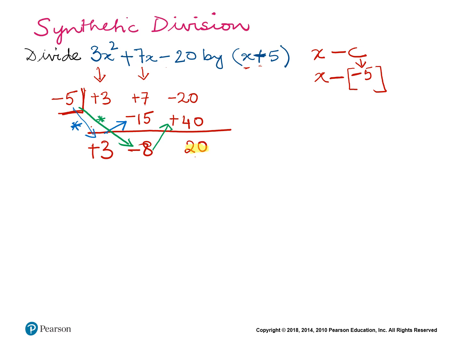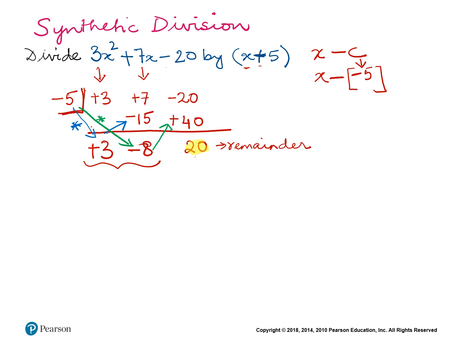which is 20, will always be the remainder. 20 is going to be the remainder from the division. And the rest of the numbers are going to be the coefficients of the quotient.